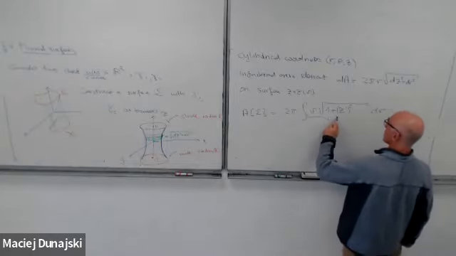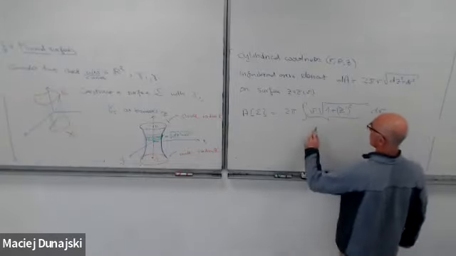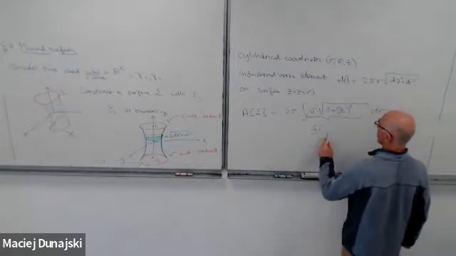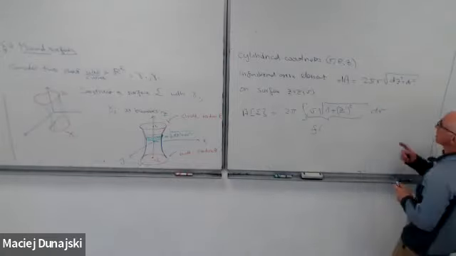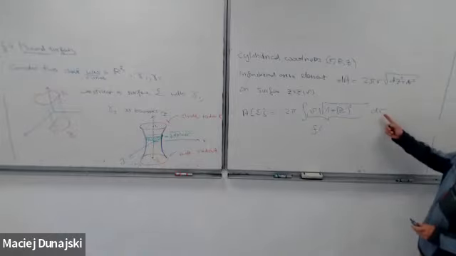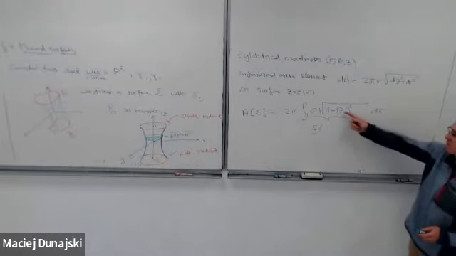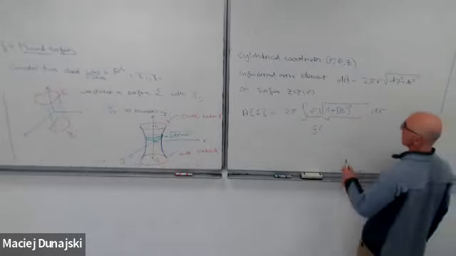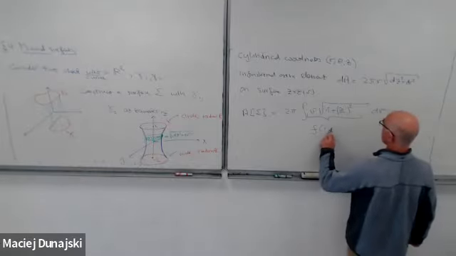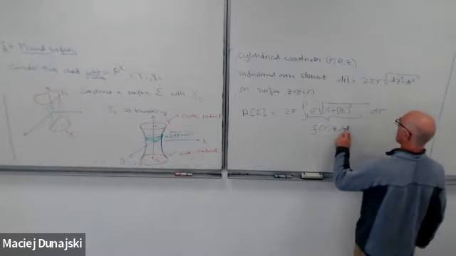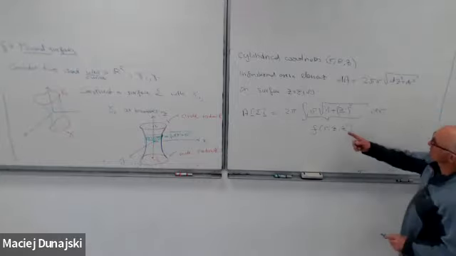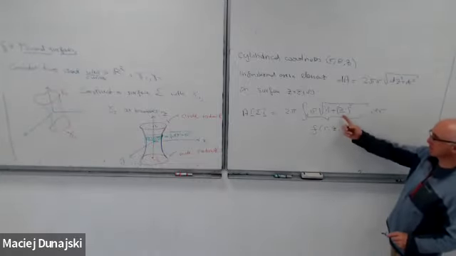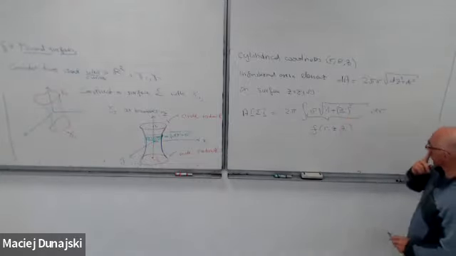So this is now f. Here r plays the role of x, the independent variable, and z plays the role of y. So f depends in general on r, z, and z prime, but our f doesn't have explicit z dependence in it.